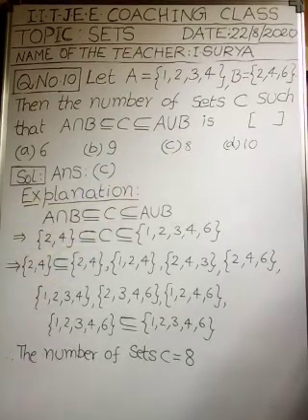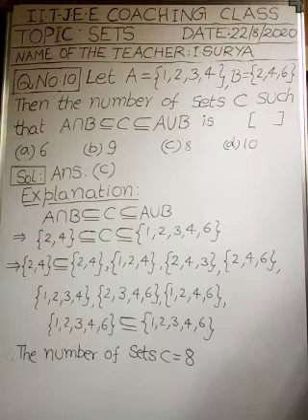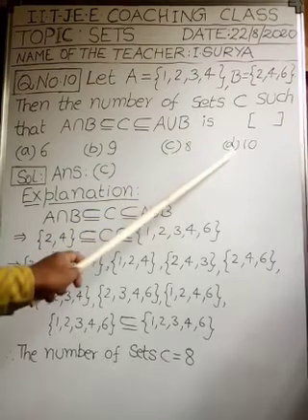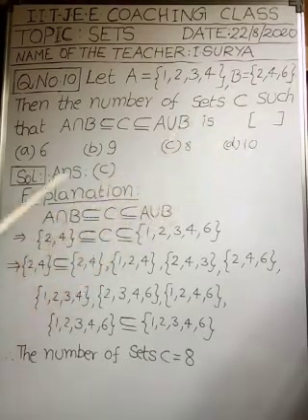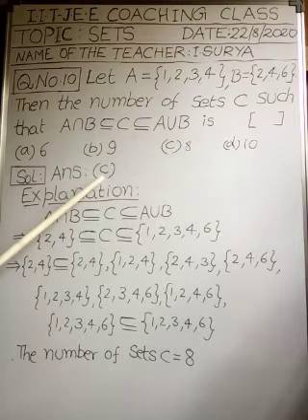Understood this question, my dear children? Just a simple trick question. This question is based on the concept of subsets. See here the options. The first option is 6, the second option is 9, the third option is 8, and the fourth option is 10. Out of all these four options, the third option is correct.